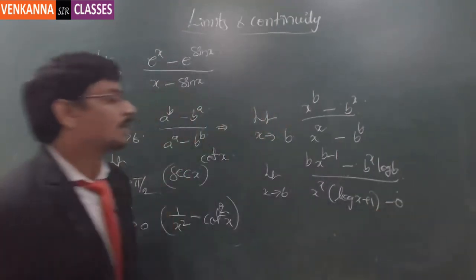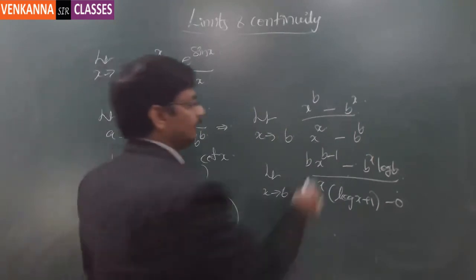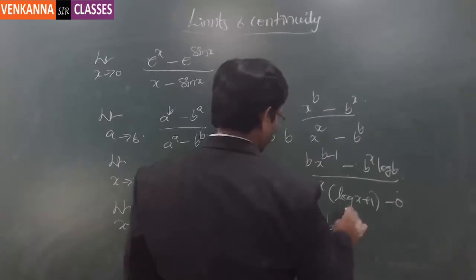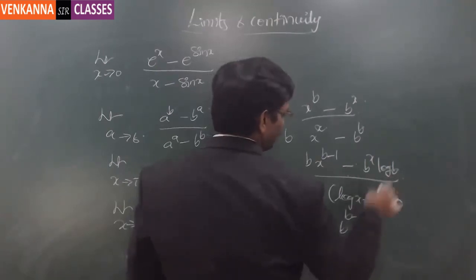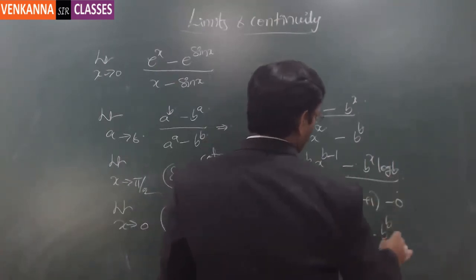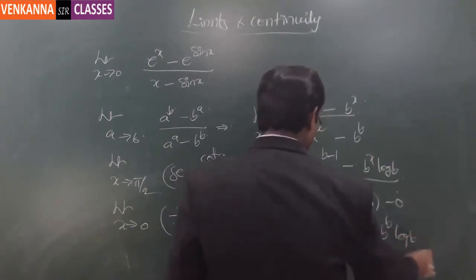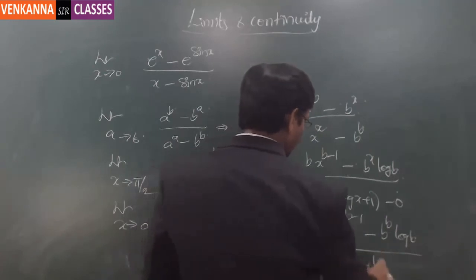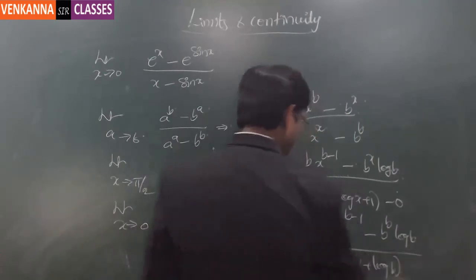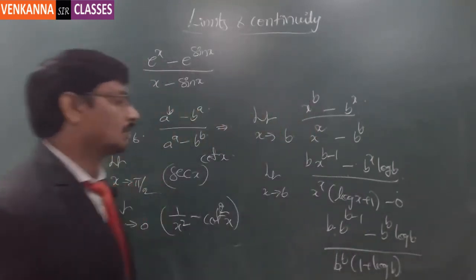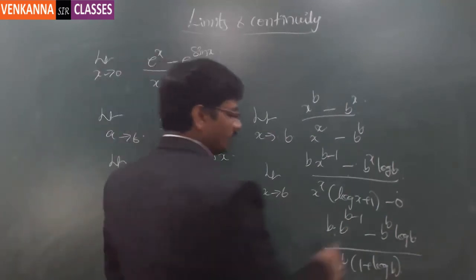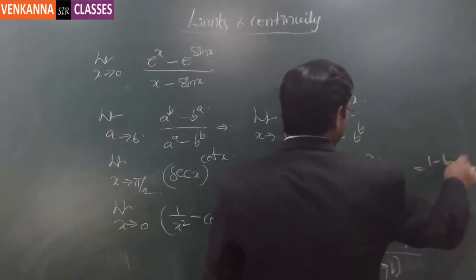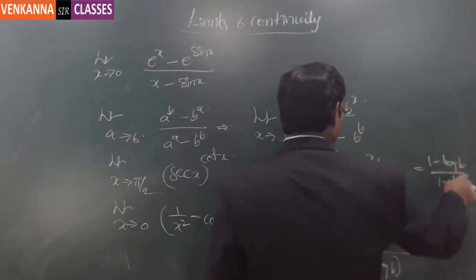Then if you put x equal to b, this will be b into b power b minus 1 minus b power b into log b divided by b power b into 1 plus log b. So b power b you can take out common and cancel it out, and then this will be 1 minus log b divided by 1 plus log b.